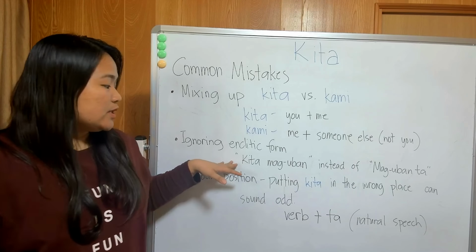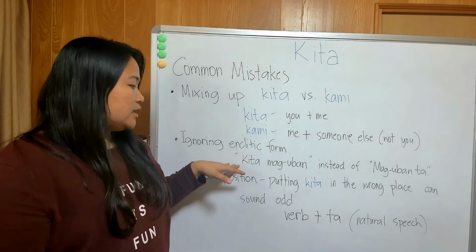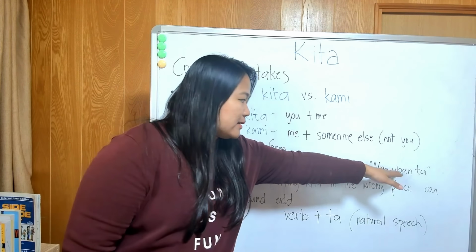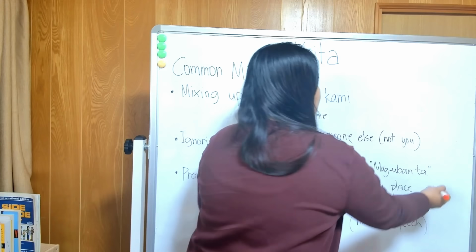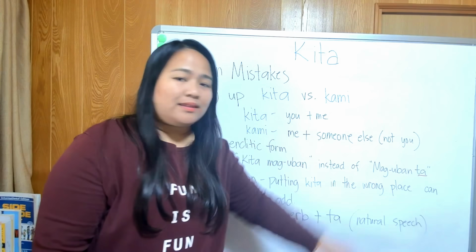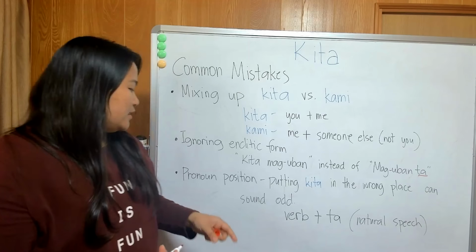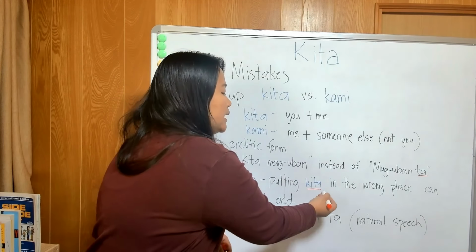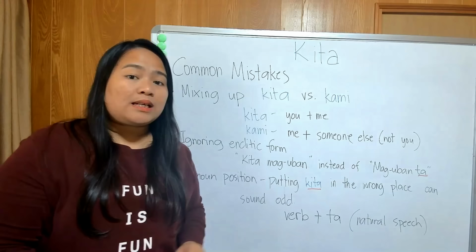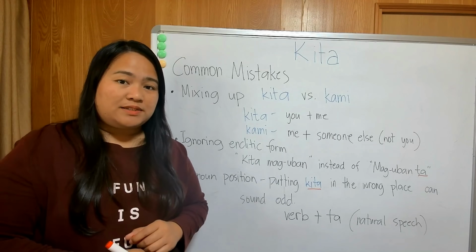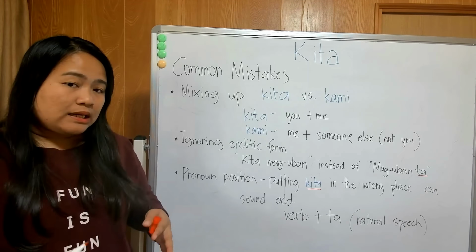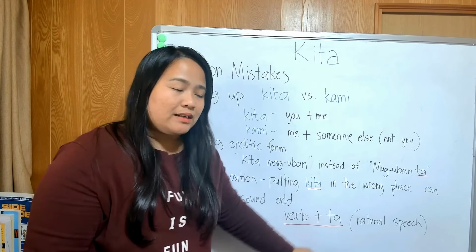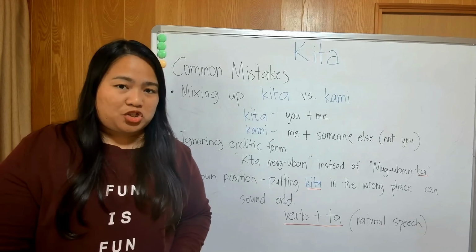For example, most beginners would say kita mag-uban instead of mag-uban ta. So here, the enclitic form, mag-uban ta. Then pronoun position: putting kita in the wrong place can sound odd. So stick with this pattern, verb plus the enclitic form ta, for natural speech.